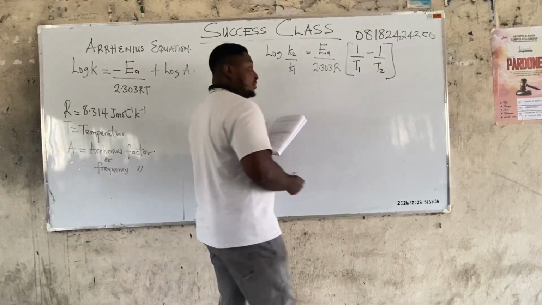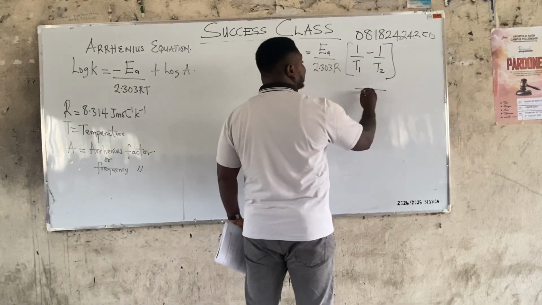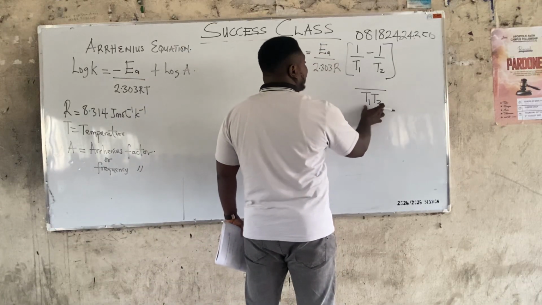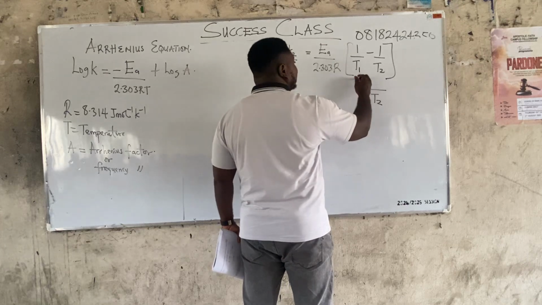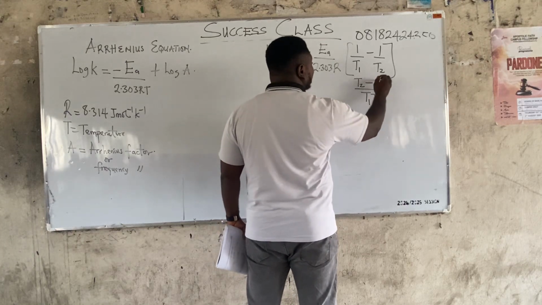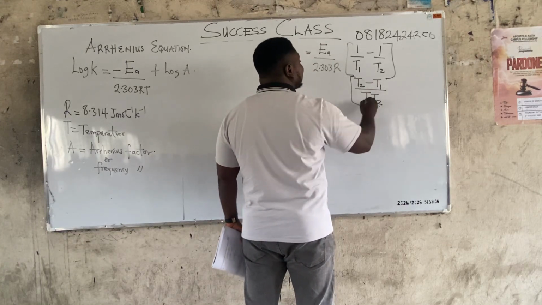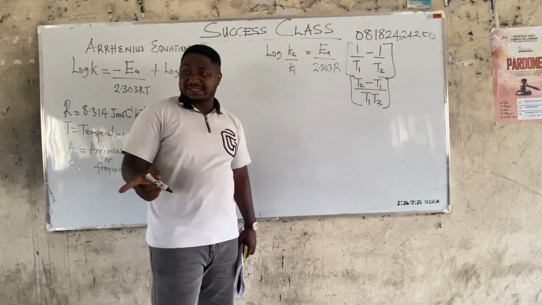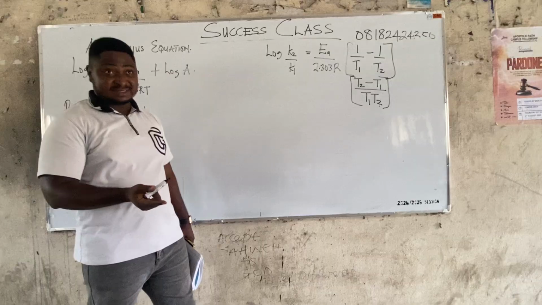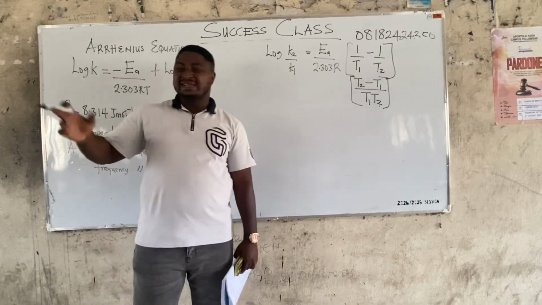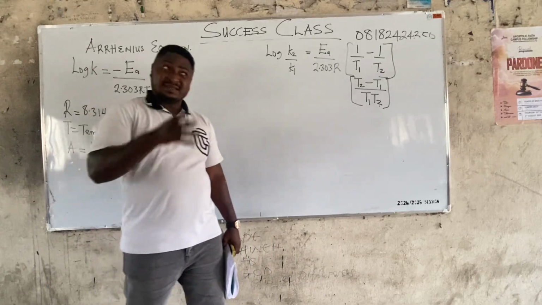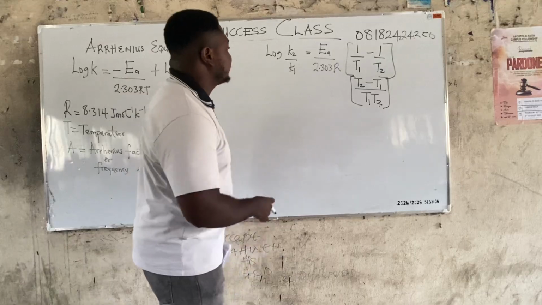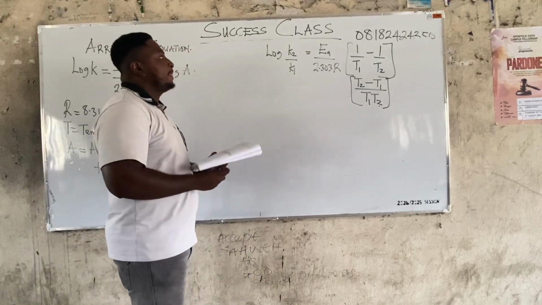You're going to have T2 minus T1 all over T1 T2. This is why I gave you that. If you're checking your notes and I'm saying something different, it's the same thing. I can teach something 3 times, just in different ways. It's still the same thing I'm hitting at, class.